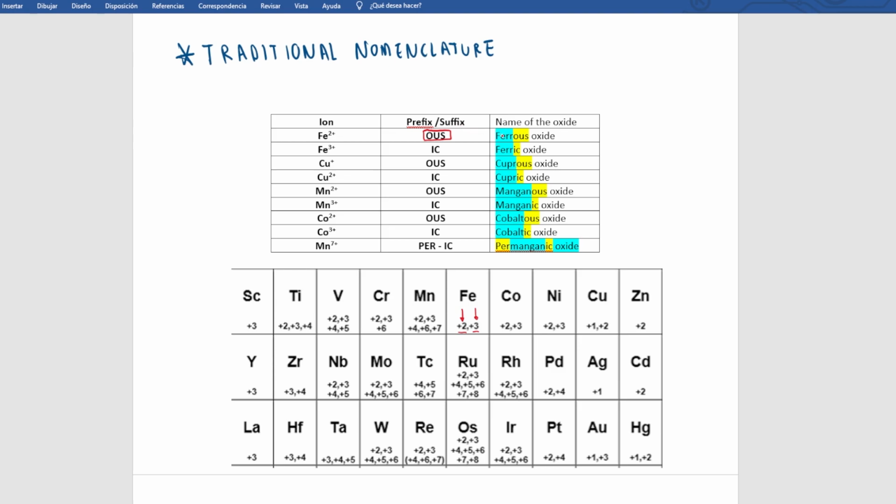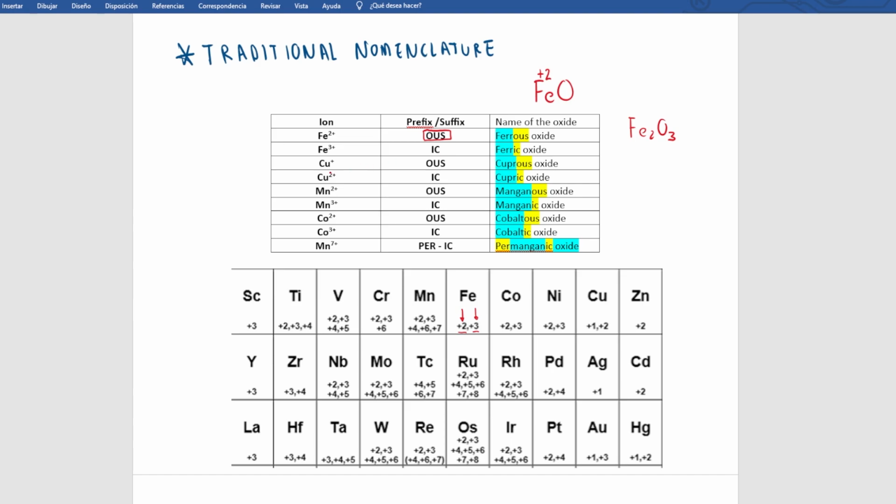Iron's Latin stem is "ferr", so it's "ferrous", which means iron is working with 2+, and this is ferrous oxide. On the other hand, if we use the +3, which is the higher oxidation state, we need to use the suffix "-ic". So we have ferric oxide.